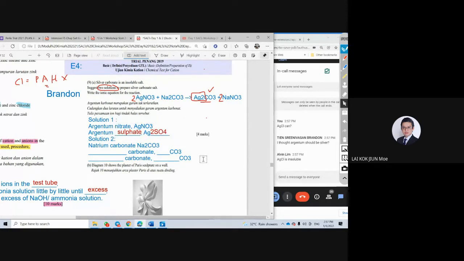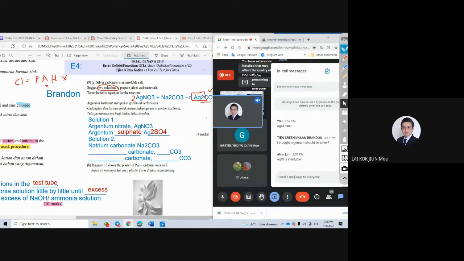This one. Well done, Alvin. Argentum should be silver. Yes, silver. You are right. Ag equals silver. It's silver, no problem.